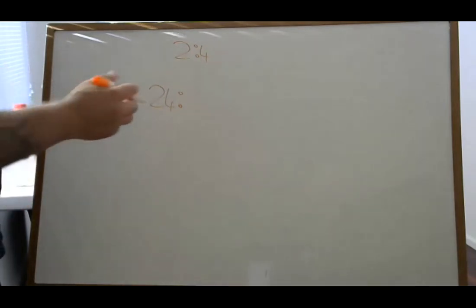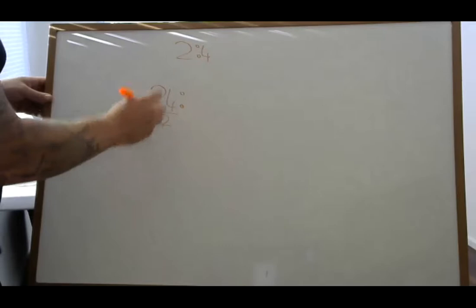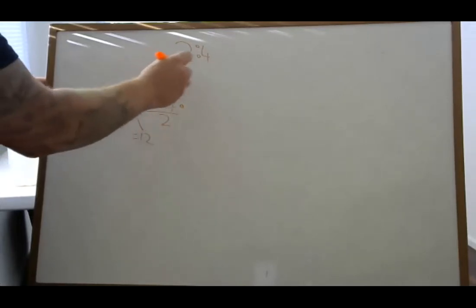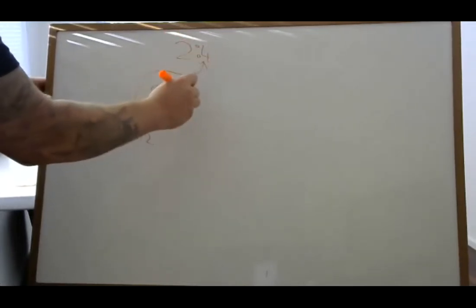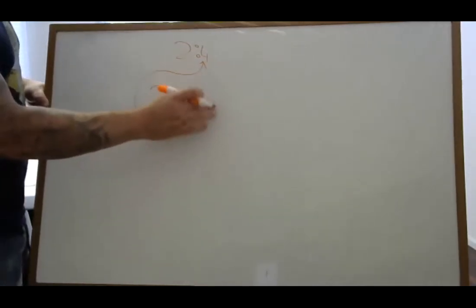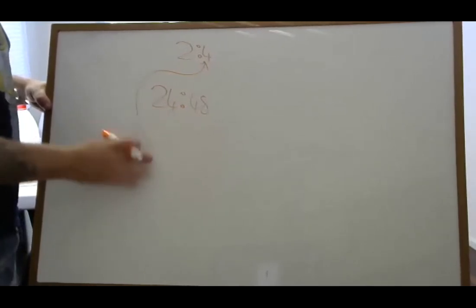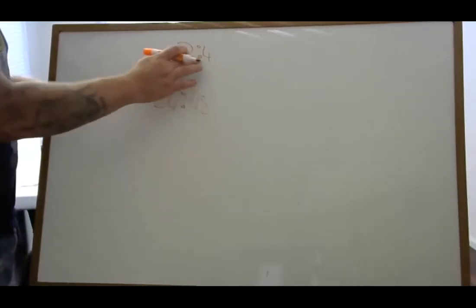So 24 divided by 2 is 12, times 4 gives us 48. So the ratio is then 24 to 48.